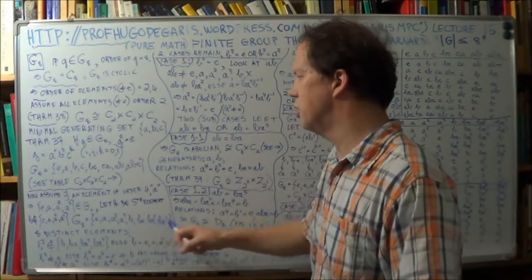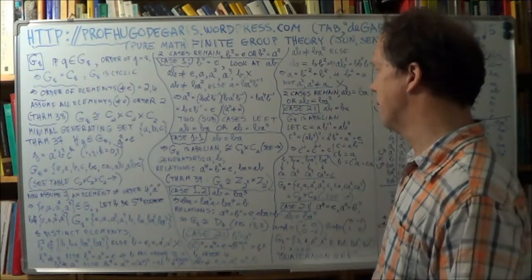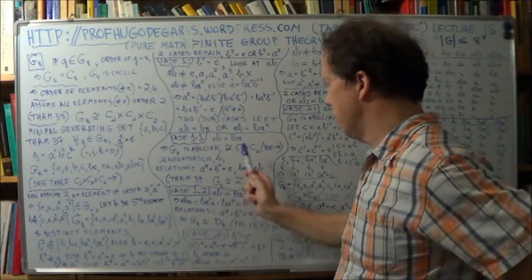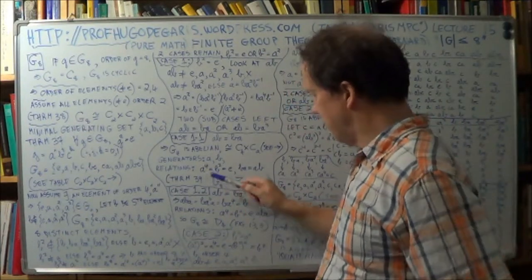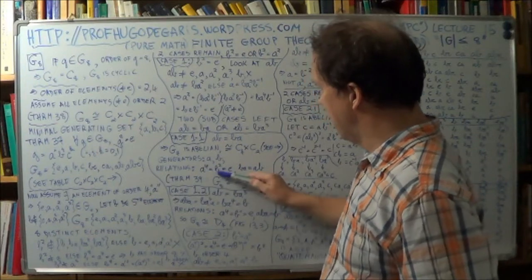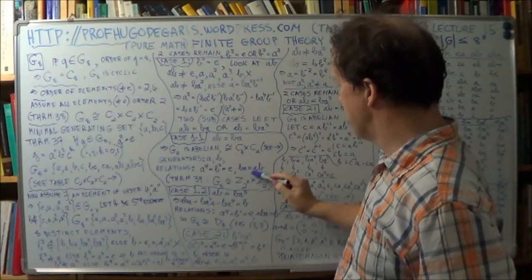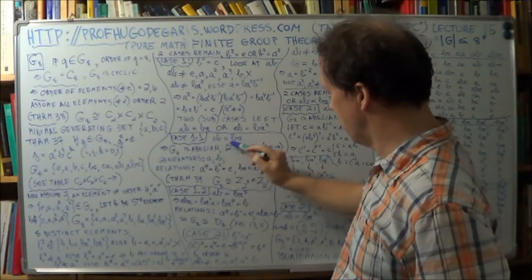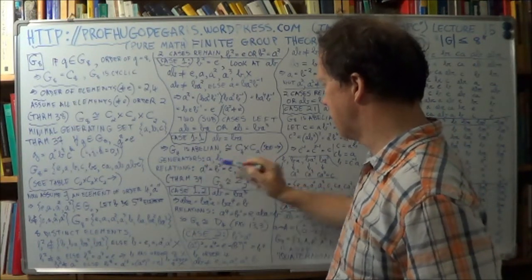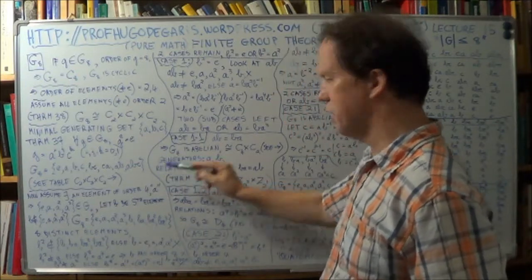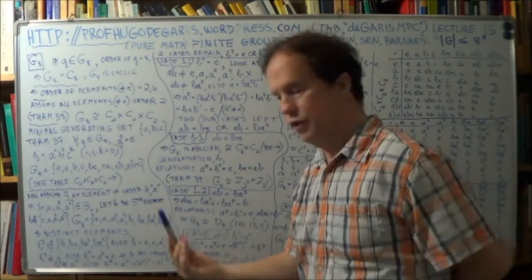Right? You've been able to generate all members. Okay, so the generators are A and B. Your relations are A to the fourth is E, B squared is E, that's from here. Okay, and BA equals AB. That was case 1.1. Okay, so that's the generators and your relations. That's the presentation of the group.